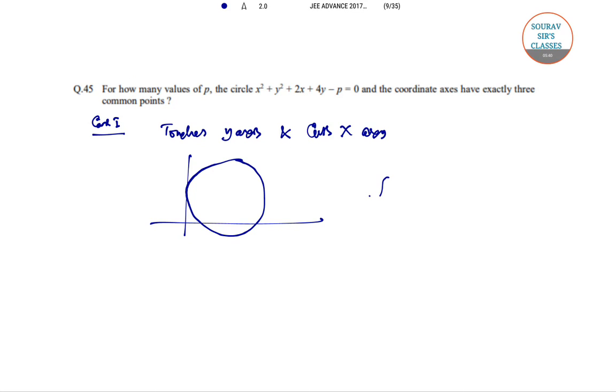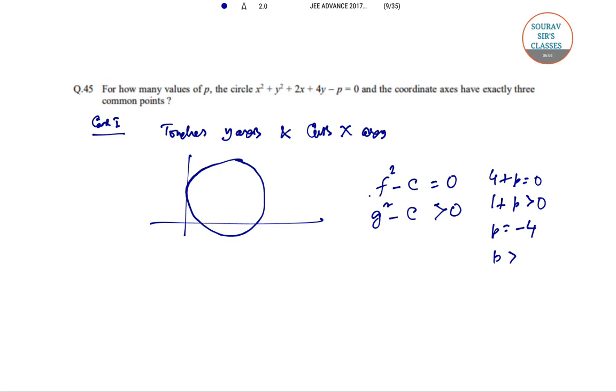In that case f square minus c is 0 and g square minus c is greater than 0, which makes it 4 plus p equal to 0 and 1 plus p greater than 0. So p equals minus 4, and in this case p is greater than minus 1, so this is a contradiction, and this is not possible. So case 1 is not possible.